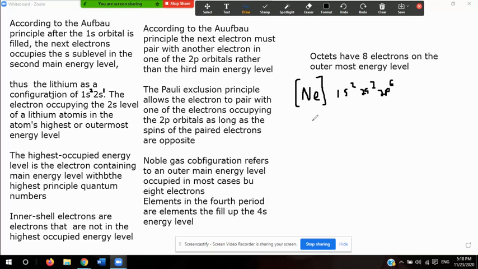I apologize for the delay. Let me look for the electron configuration of sodium for you guys. Again, this is live and errors do happen, and they happen frequently sometimes, but that's all right. We'll get it. Here we go.